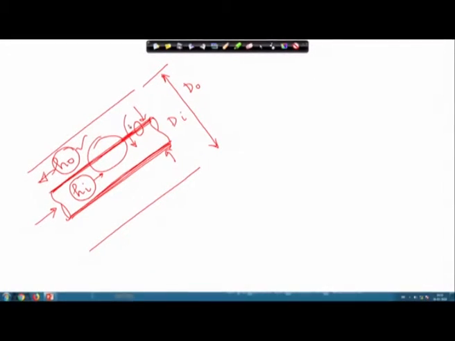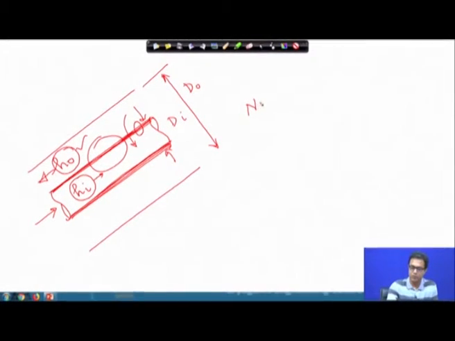Now, in case of this internal flow, we know that the Nusselt number for the internal flow is given by 0.023 into Re to the power 0.8 into Pr to the power 0.4.